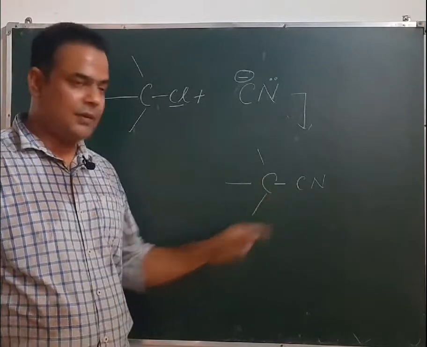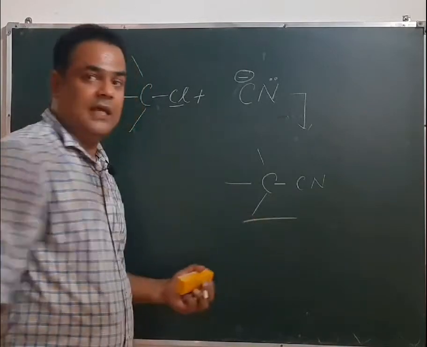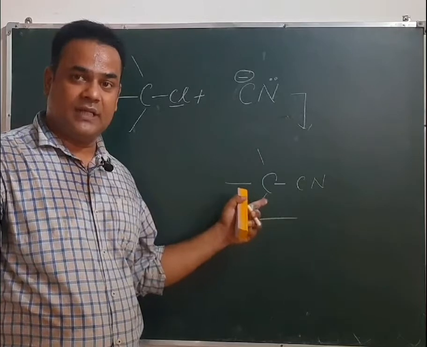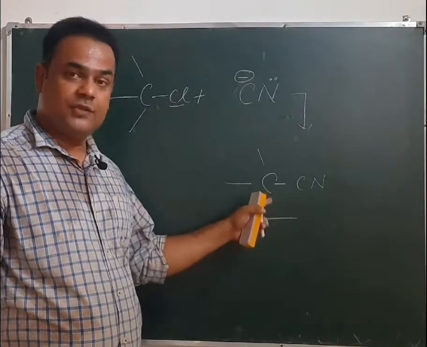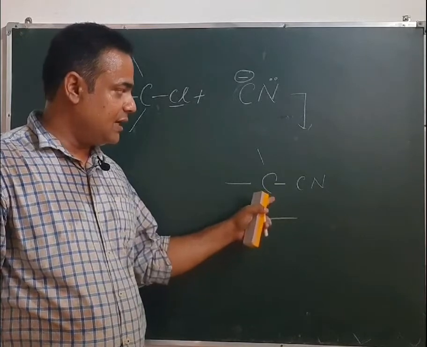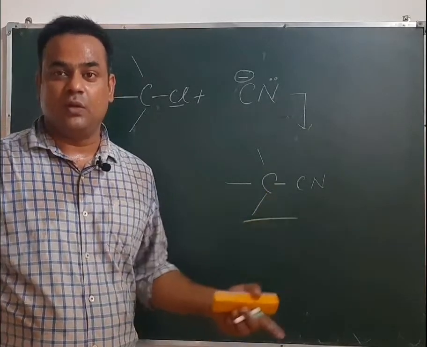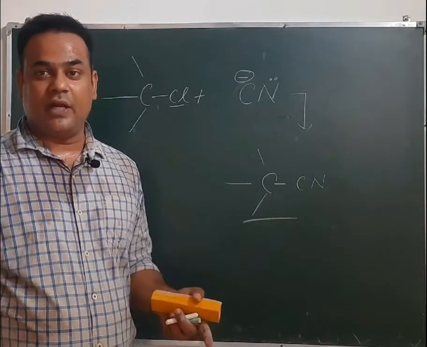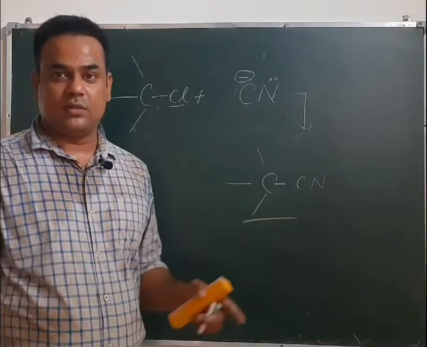If there is only one carbon here, we say methyl; one carbon methyl, two carbon ethyl, three propyl, four butyl, like that. So if there is one carbon atom, it is methyl cyanide, the common name. Common names are those names for which there is no rule. They are only used frequently, but not given under any rules.